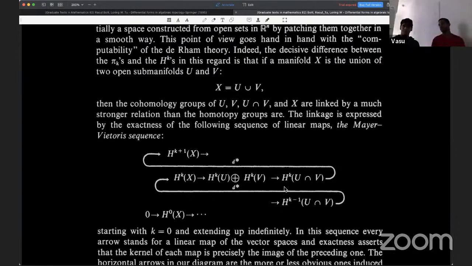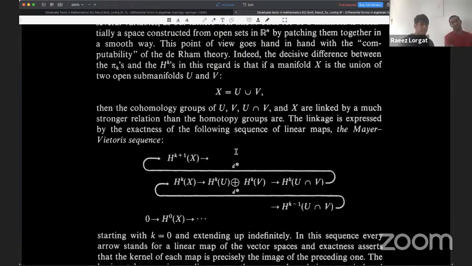So why is there d-star there? I mean, it's the induced map. So remember, d is going to move you in some way from H^k of X to H^(k+1) of X. Yes. But here we have H^(k-1) of the intersection getting mapped to H^k of X. Oh.